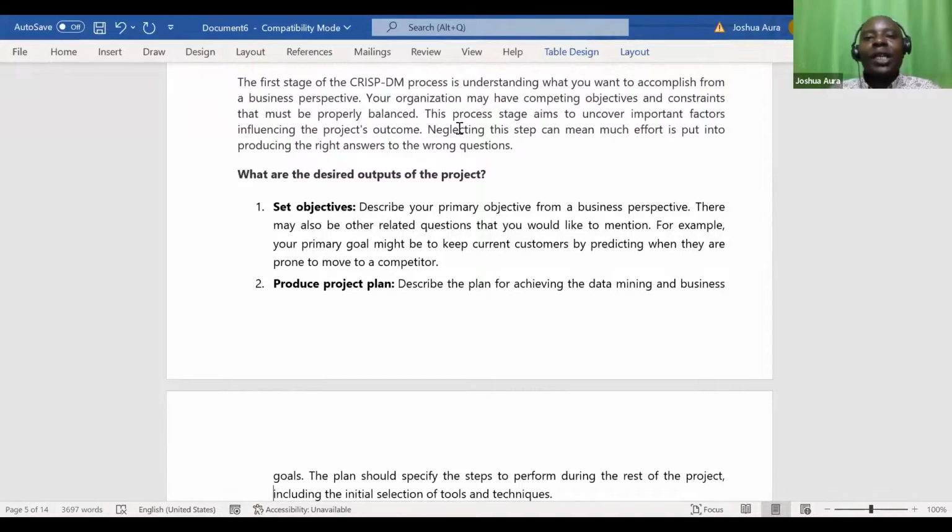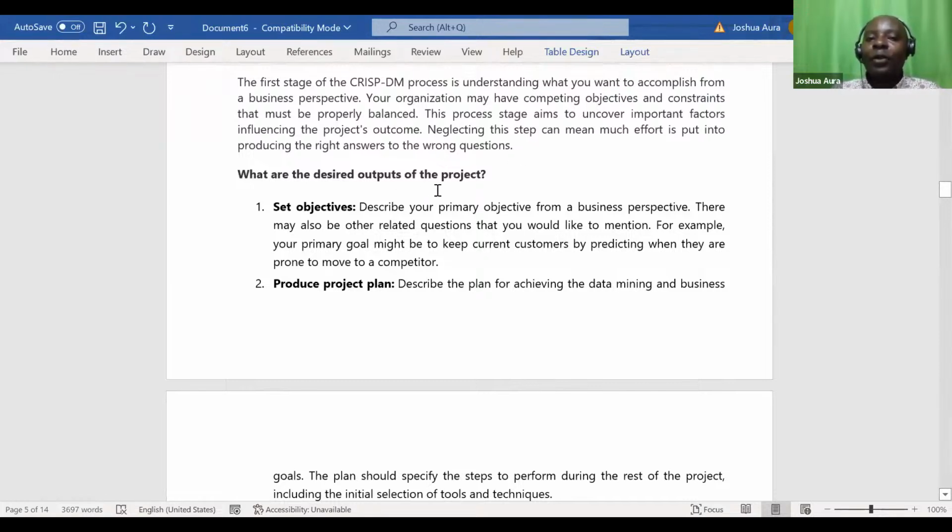This process stage aims to uncover important factors influencing the project's outcome. Failing to understand the business whose data you would want to analyze will be the worst decision ever. Neglecting this step can mean much effort is put into producing the right answers to the wrong questions.